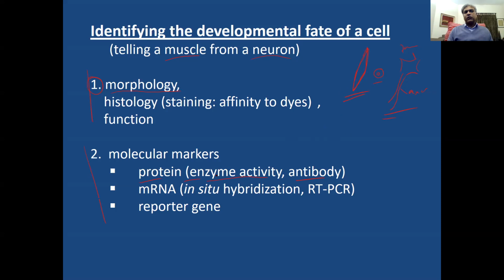If we don't have protein-based tools, like if we don't have an antibody, we can still use messenger RNA for tissue-specific or cell type-specific genes. For that purpose, we use in situ hybridization, or we can simply isolate total RNA from the two cell types. Let's say we have cell type A, cell type B. It can be a totally relevant question, like we have a wild type cell, a normal cell, and a cancer cell.